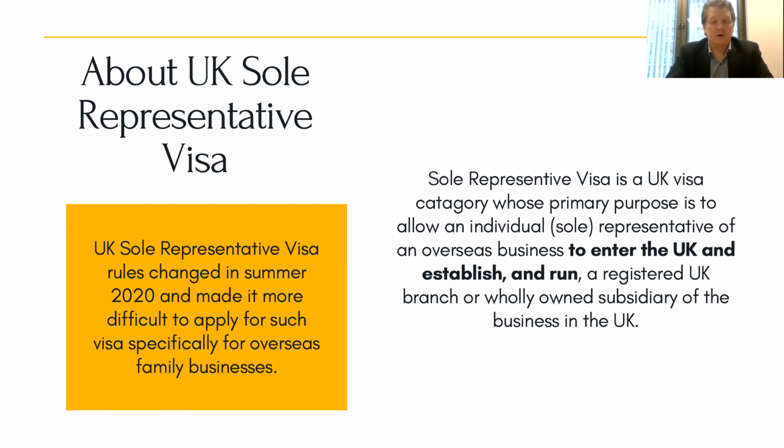Also, I would like to highlight that the UK sole representative visa rules changed. The Home Office, or UK government, changed the rules in summer 2020, and it made things more difficult. They implemented a genuineness test. They highlighted points where it's very complex to apply as an overseas family business, where the shareholders are your family members, and so on.